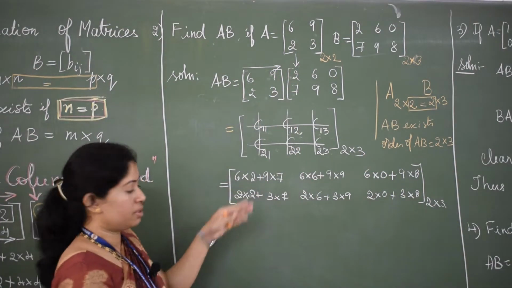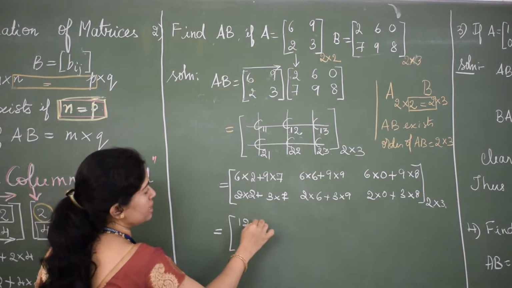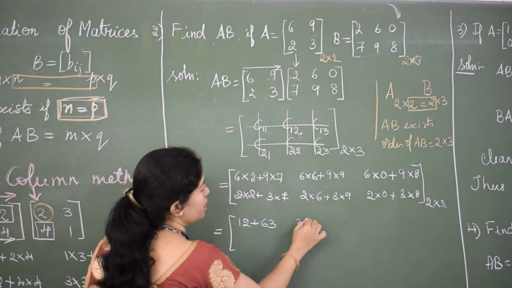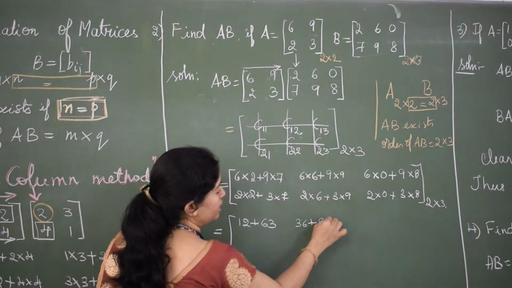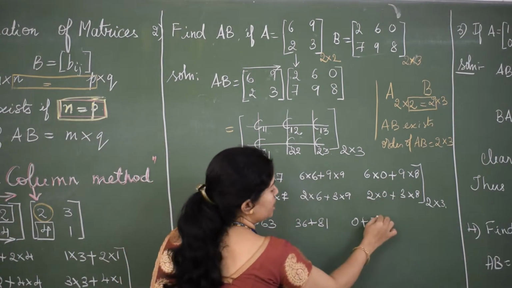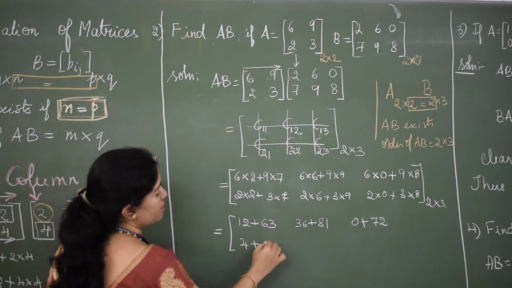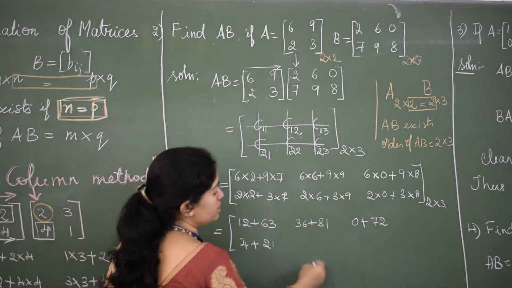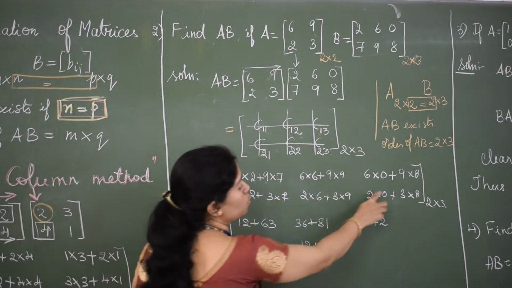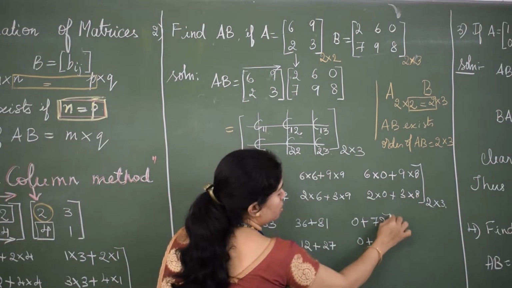Now simplify. 6 2s are 12 plus 9 7s are 63. Next, 6 6s are 36 plus 9 9s are 81. 6 into 0 is 0 plus 9 8s are 72. 2 into 2 is 4 plus 3 7s are 21. 2 6s are 12 plus 3 9s are 27. 2 into 0 is 0 plus 3 8s are 24.